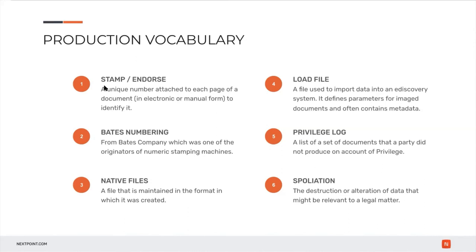You should not be destroying or altering data for the purposes of trying to conceal things from the court. Judges can hand down punishments or ramifications for spoliation, depending on the severity of it and the impact on the case. So it's something that we definitely want to avoid.